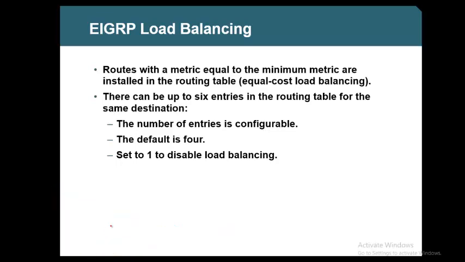But unequal cost load balancing is not enabled by default. By default, only ECMP, equal cost multipathing. Unequal cost load balancing we have to enable. How do we enable?